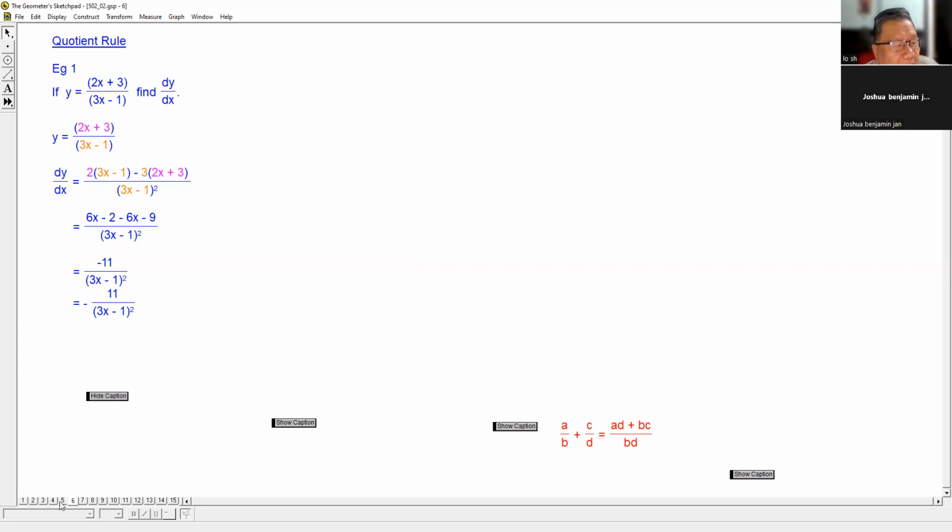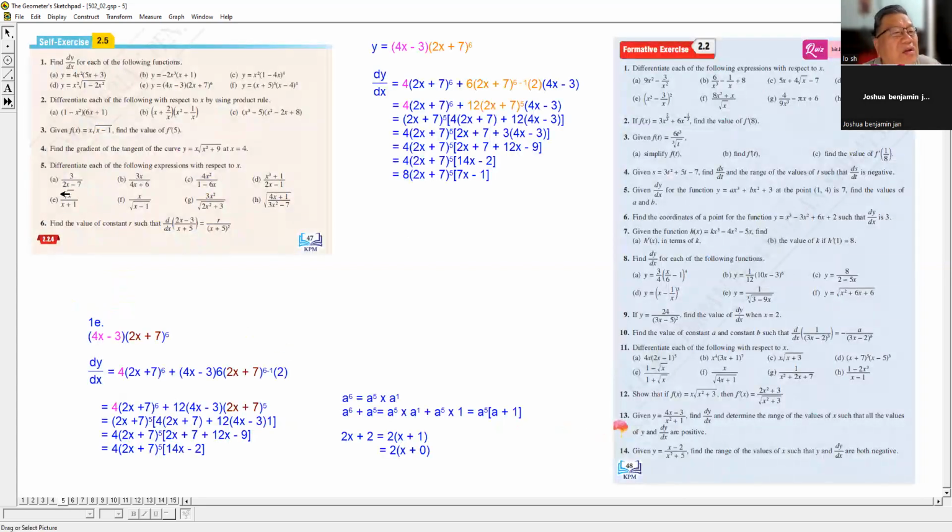So now I want to test you, right? So you see this number 5b, right? You copy down this 5b. You show me how to differentiate the top, keep the bottom. How to differentiate the bottom, keep the top. Just write up. Wrong, never mind, right? You do this one. You call this y, then you do dy dx. When you do this one, you say y equals to this.